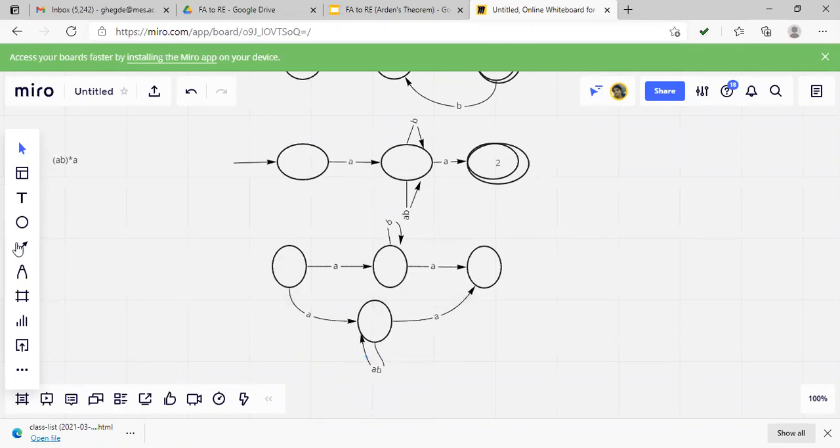Okay, so I want to ask you whether there is any difference between these two diagrams or they are the same. Are they different or are they the same? Preeti says it is the same. Rishikesh says it is the same. Does everyone agree that it is the same, or is there any other answer that they are different?